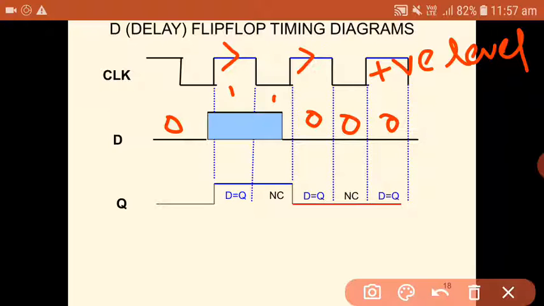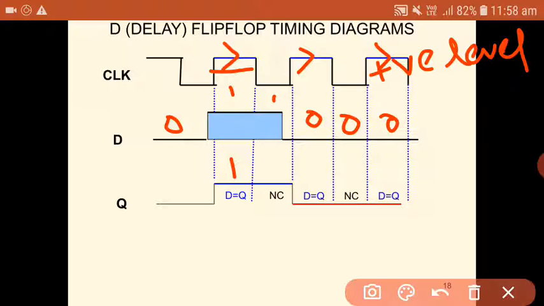So this is the meaning of positive level triggering. During this instant of time, since the D input is 1, the output becomes 1, and this 1 will be continued until the next clock pulse is applied.